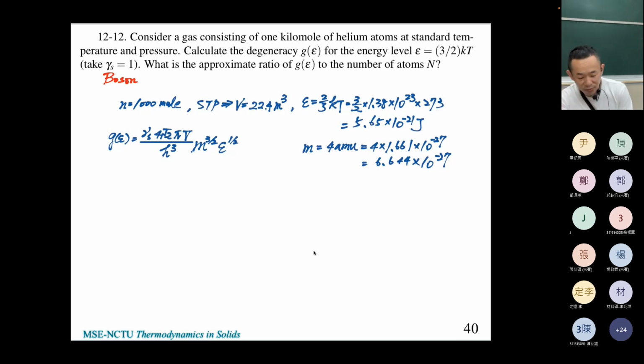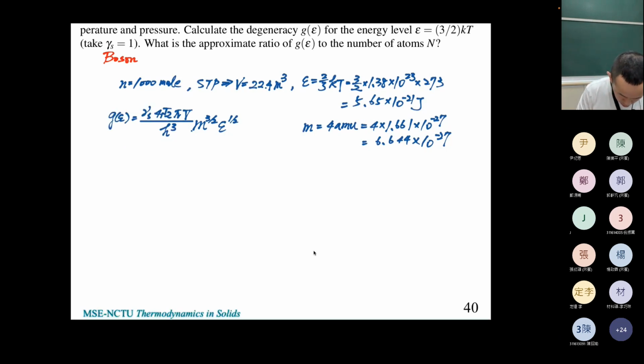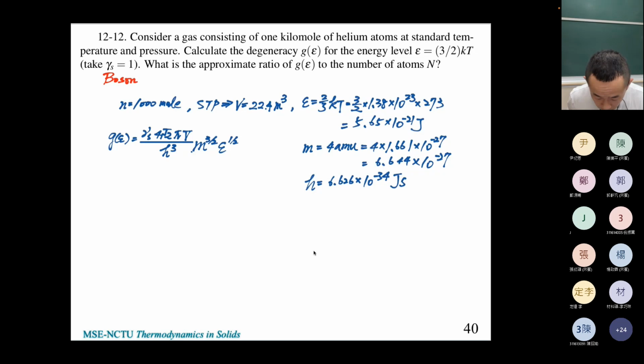Don't forget the unit transfer, okay? And one thing left is h. h is 6.626 times 10 to minus 34 joule second. Right, so now we are more or less ready.